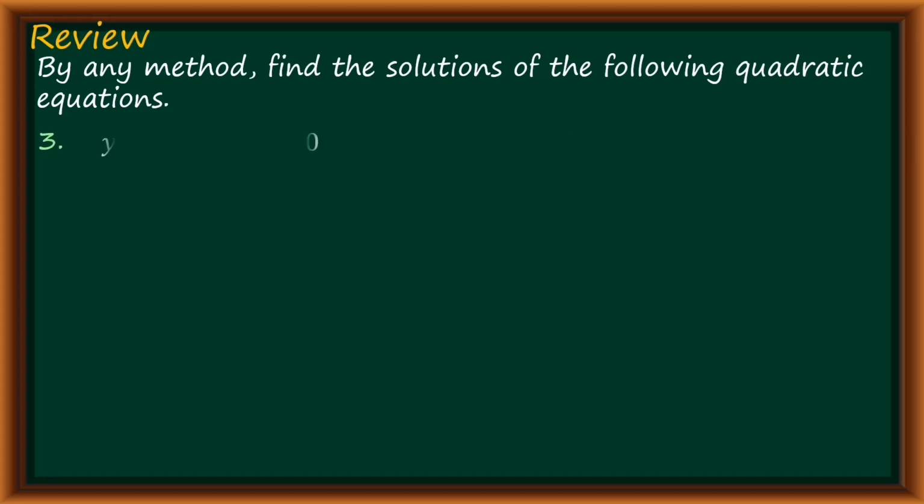Next, we have number 3. y squared plus 14y plus 33 is equal to 0. This time, our quadratic equation is already written in the standard form. So let us apply any method to solve for the value of y.